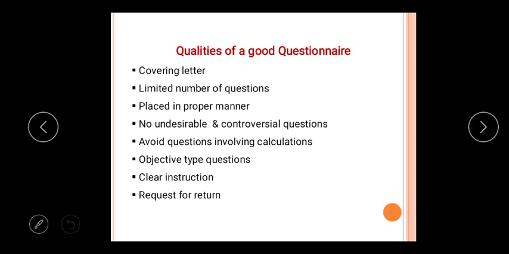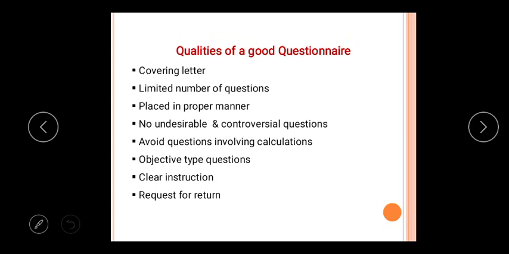Another important quality is that the questions should be placed in proper order. That is, the questions must be placed in a proper and logical order so that a natural and spontaneous reply to each question is induced from the informants.